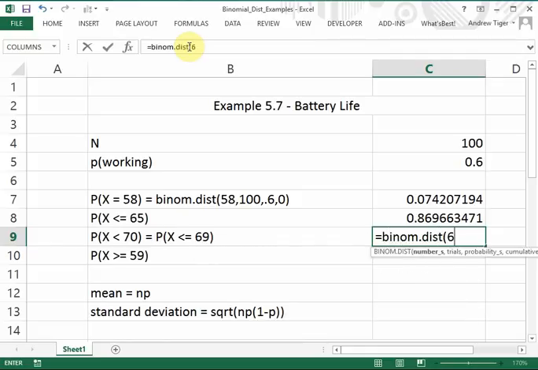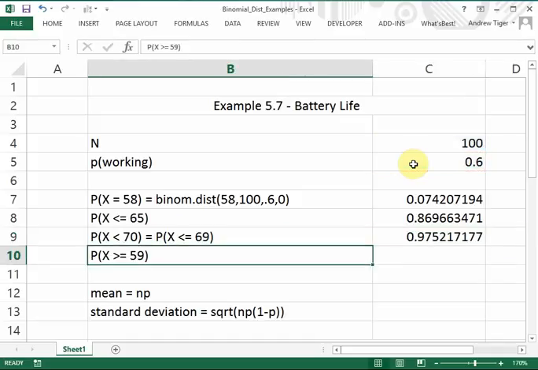BINOM.DIST 69, or if you want to be real picky, 70 minus 1, so you know where that 70 originated, out of this many. Probability of success on one trial, and the last argument is 1 because we have a less than or equal to.